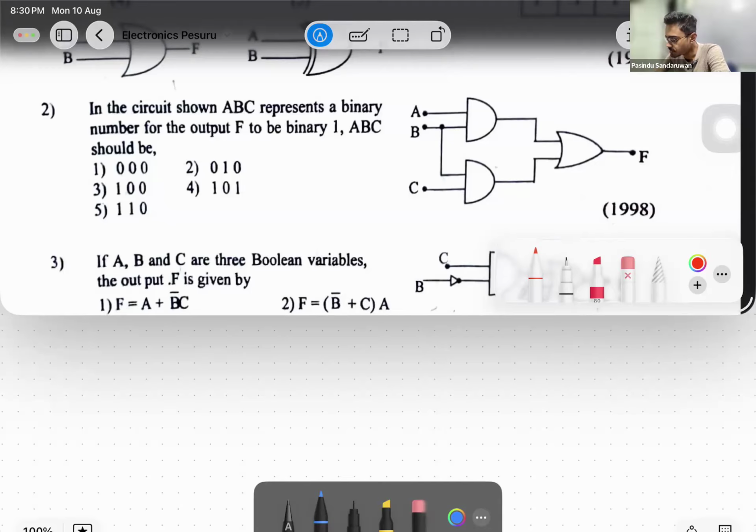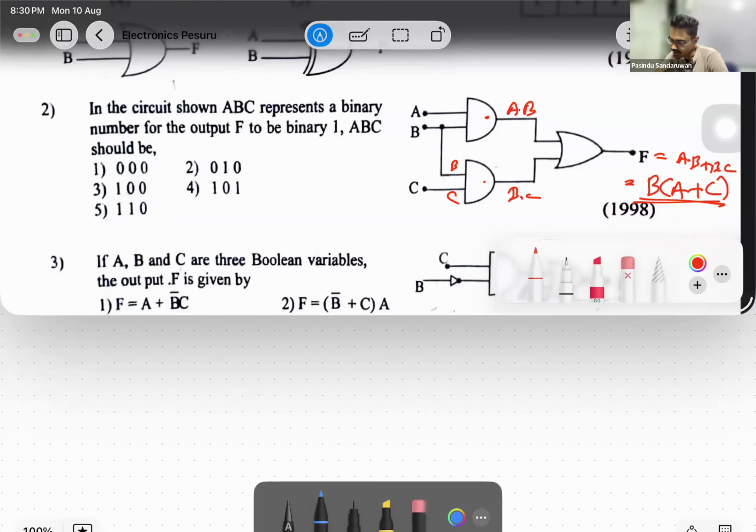If this is A and B, after this AND gate, this is A dot B. And if this is B and C, after this AND gate, this is B dot C. Then this is an OR gate, then F is A dot B plus B dot C. Now you can see B is common, take it out, then A plus C. This is the output.